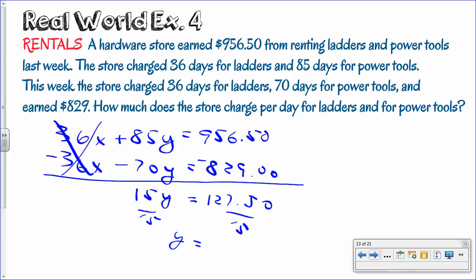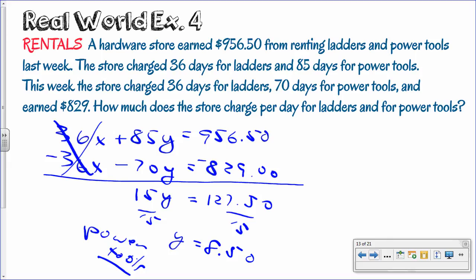Y equals 8.5. Okay, now, is that for the ladders or is that for the power tools? Power tools. So for me to rent a power tool, it's gonna cost $8.50 a day, right?